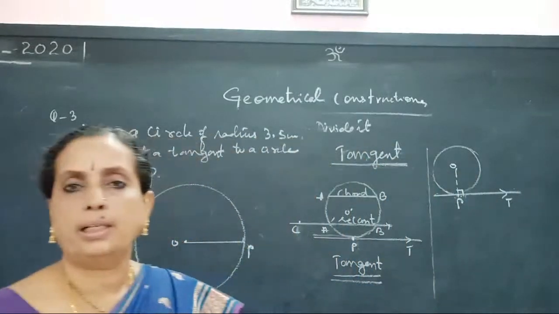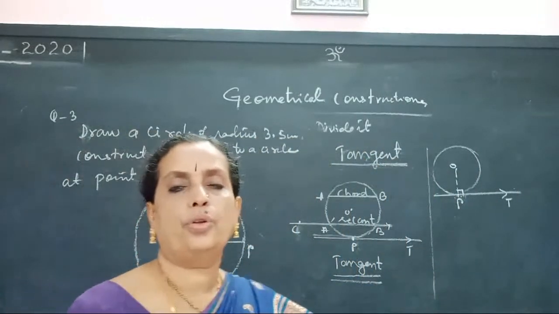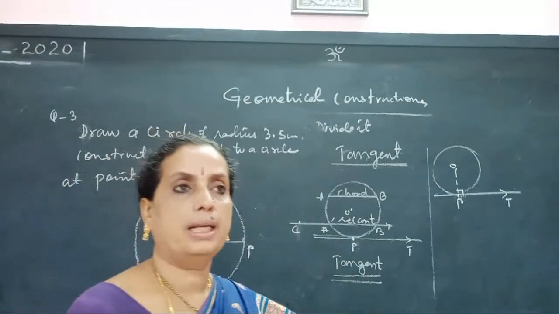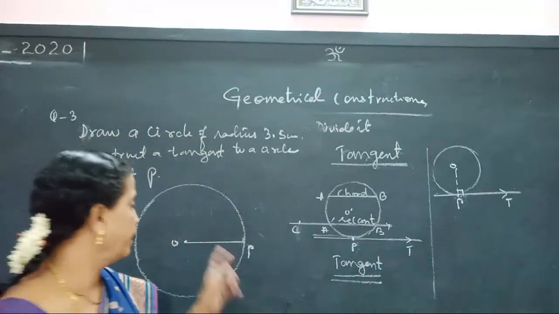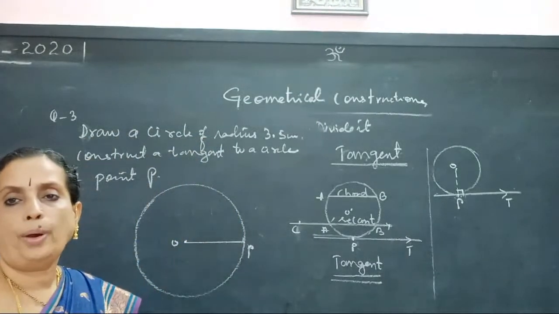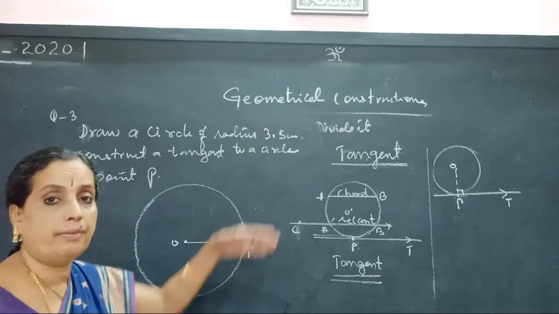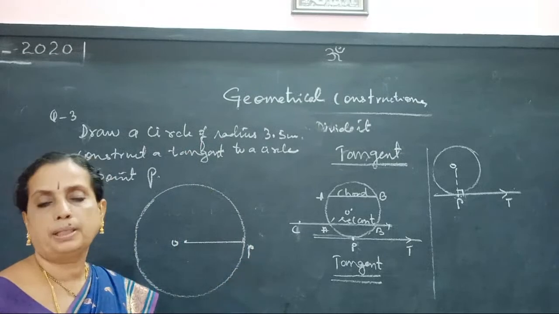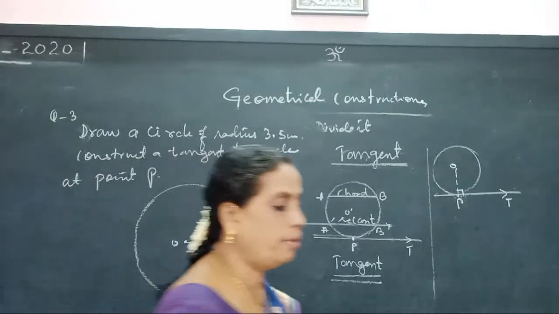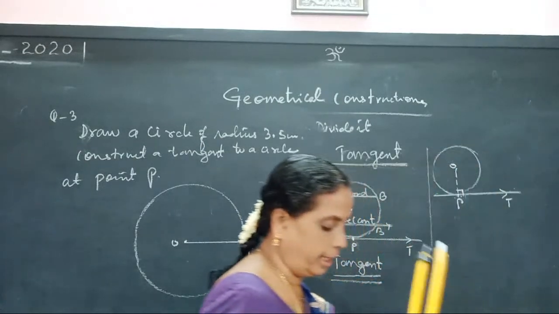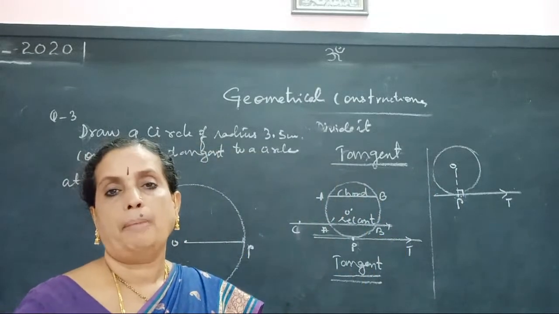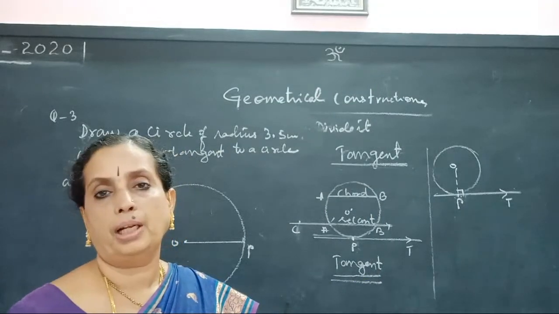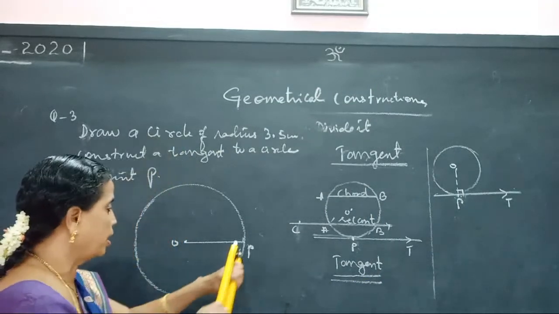Have you all done the construction? First you should draw a circle of radius 3.5 centimeter with center O. Take a point P on it, anywhere on the circumference. Join O to P. Now see how we are going to get the tangent by constructing the perpendicular. You have learned how to construct a perpendicular line, the 90-degree construction.